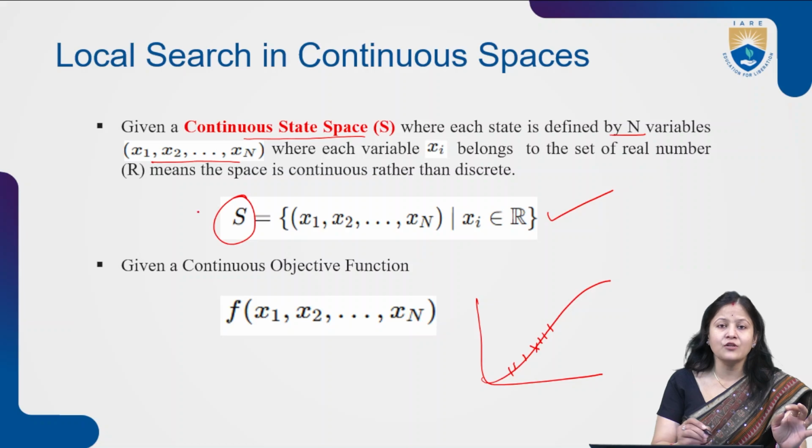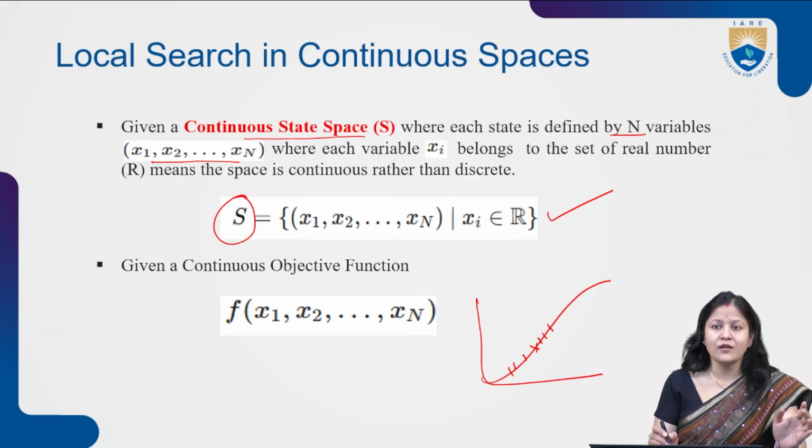Here S is the continuous space, equal to x1, x2, x3 up to xn, which are nothing but the n variables or n states, such that xi belongs to R, where i stands for 1, 2, 3 and so on.